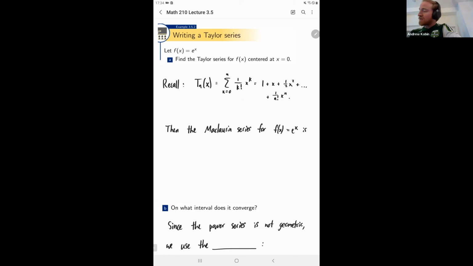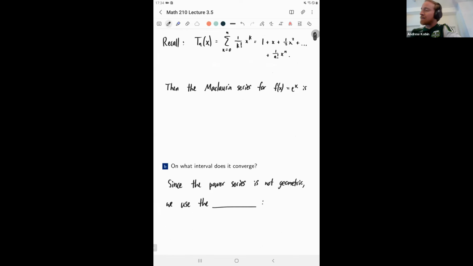If these are the partial sums of our infinite Taylor series, or in this case, I'll say Maclaurin series, since we're centered at 0, then the full Maclaurin series is we're literally just going to put an infinity in place of that n. That's what it means to take the limit or the infinite sum of these finite polynomials. I'm going to stick an infinity up there and copy the same formula, 1 over k factorial times x to the k.